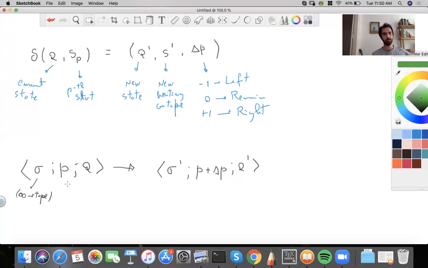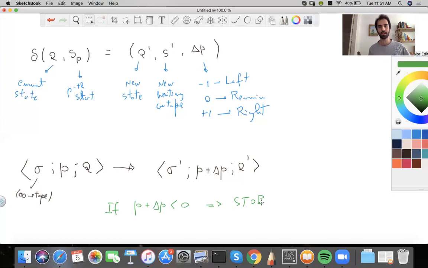Now, if P plus delta P is smaller than 0, then you have to stop. The computer stops. It's an instruction that the Turing machine has. Okay. So you have to imagine this thing.